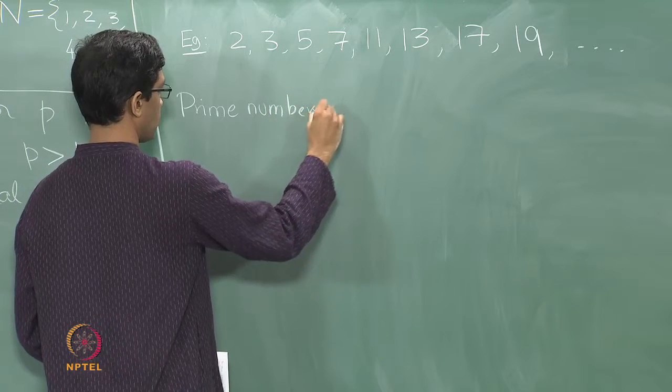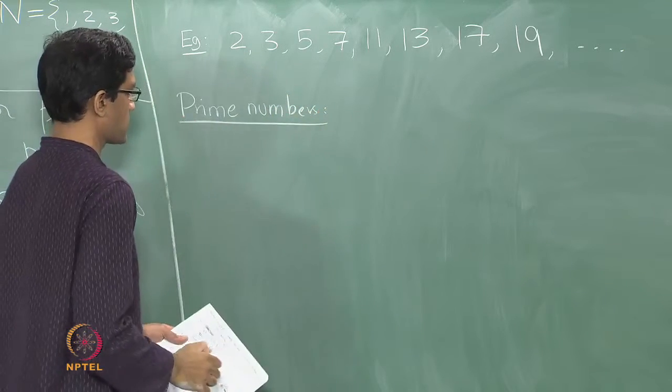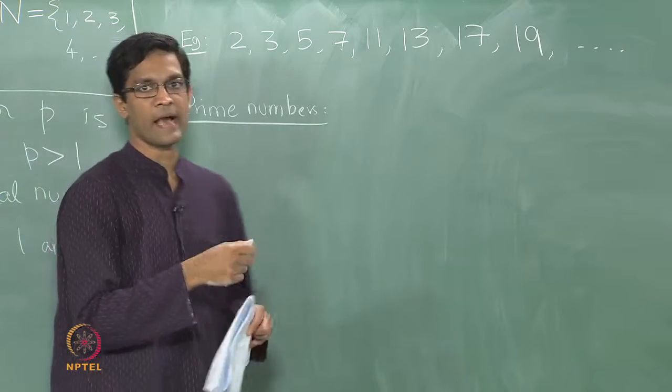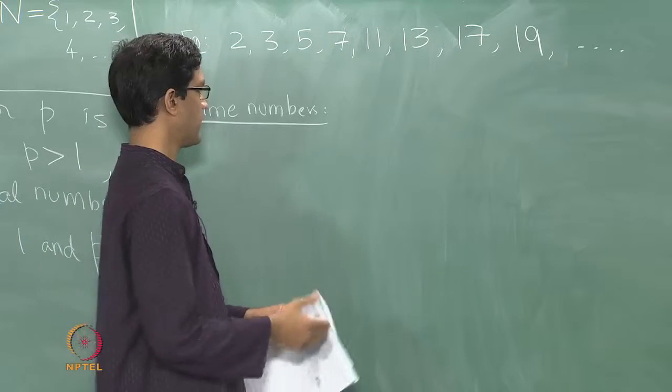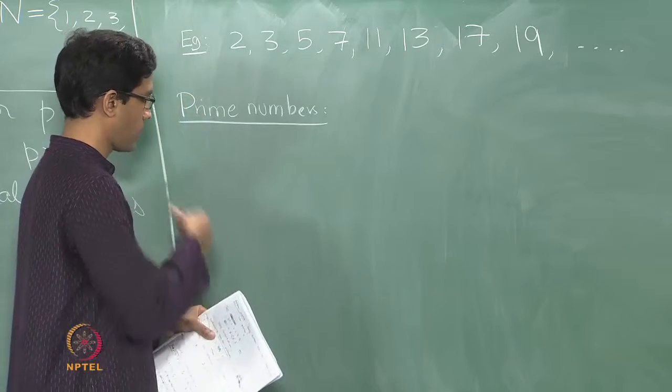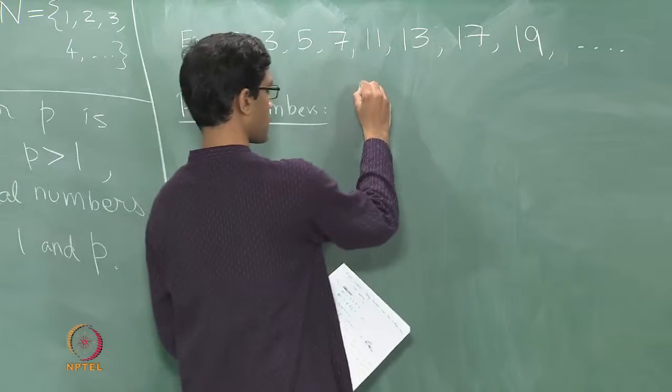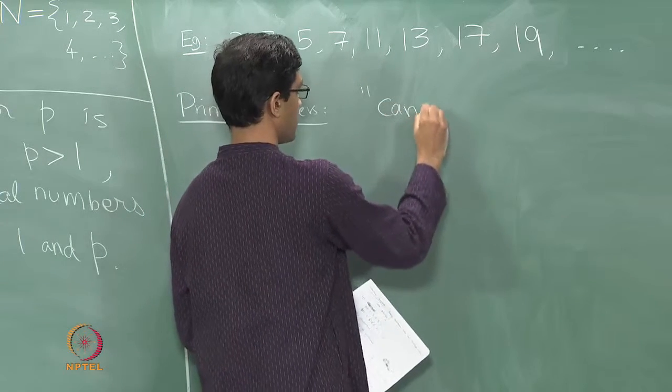So here are two different ways of thinking about prime numbers. On the one hand, they do not have divisors other than 1 and itself. In other words, you cannot break them down into smaller numbers.